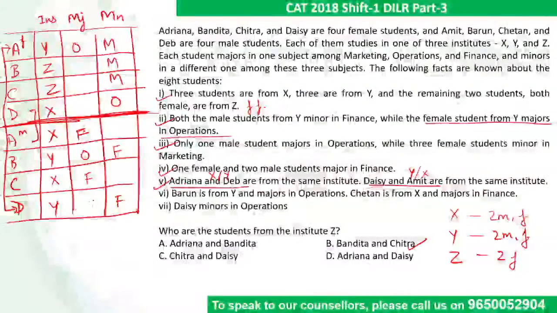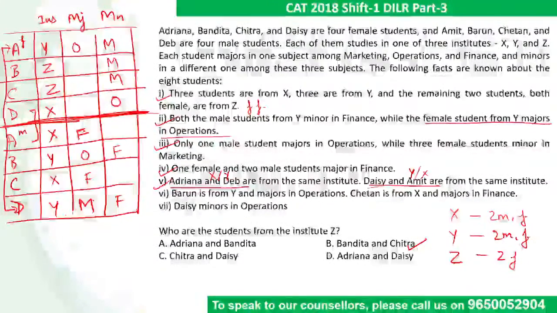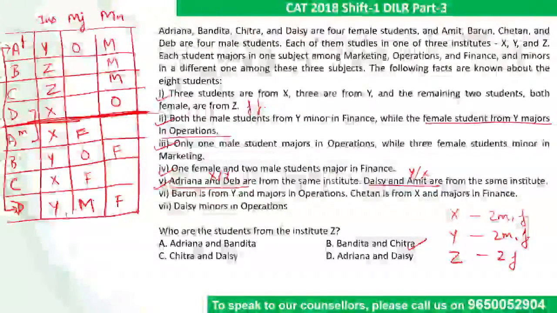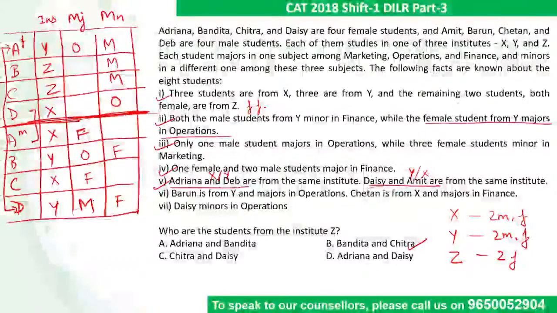Daisy minors in operations. Now only one male majors in operations. This person cannot major in finance nor in operations, so this will major in marketing. Anything else? These are the only things that we can fill.